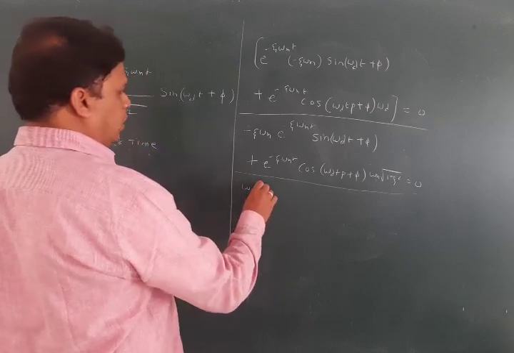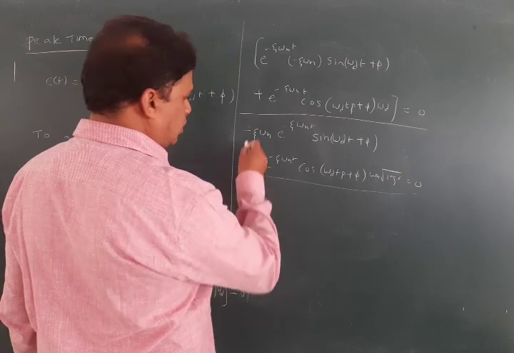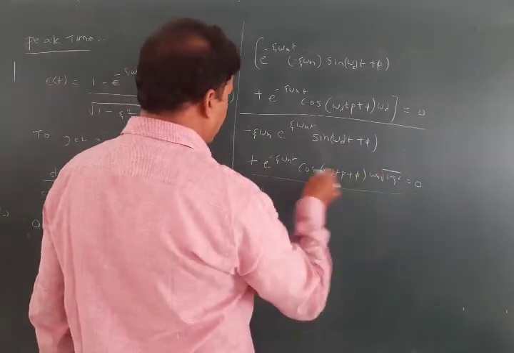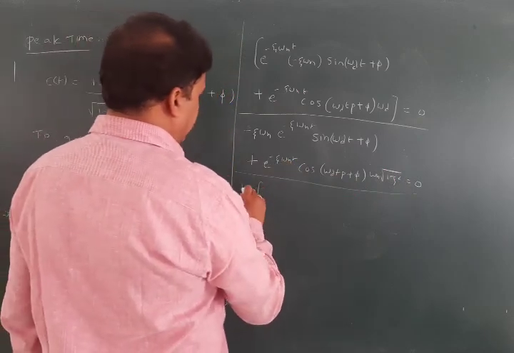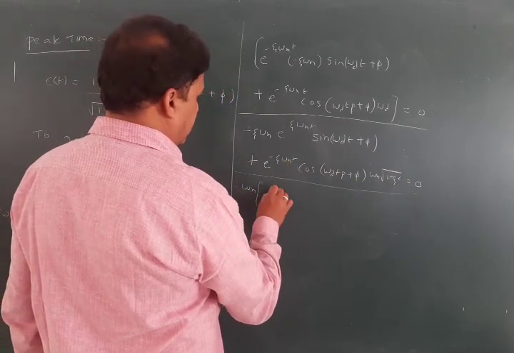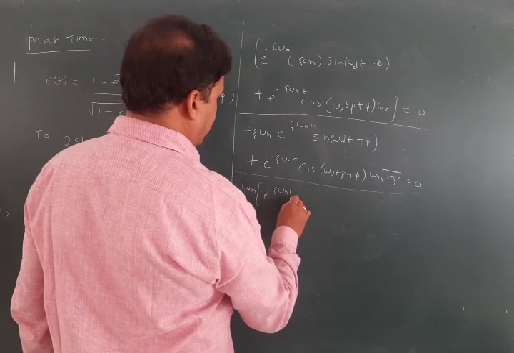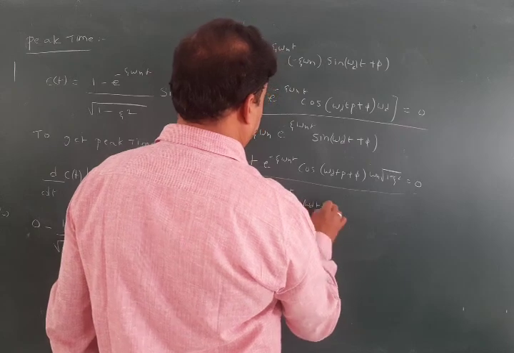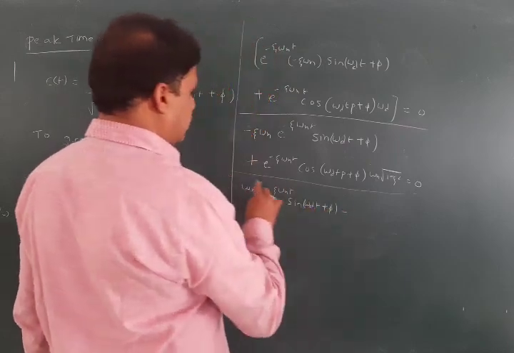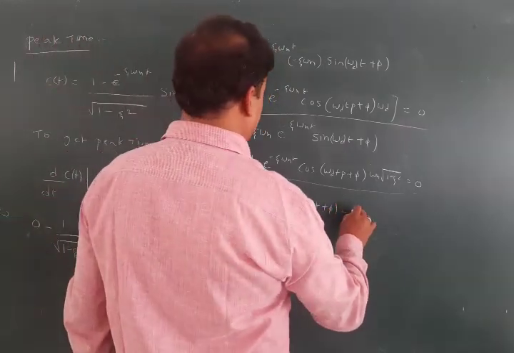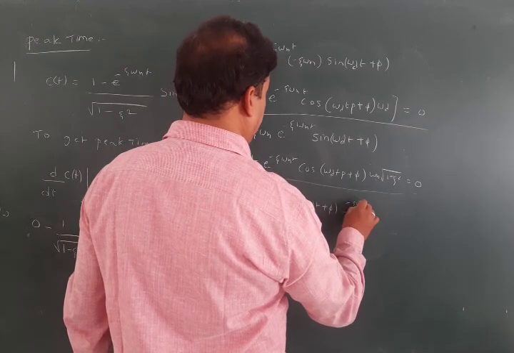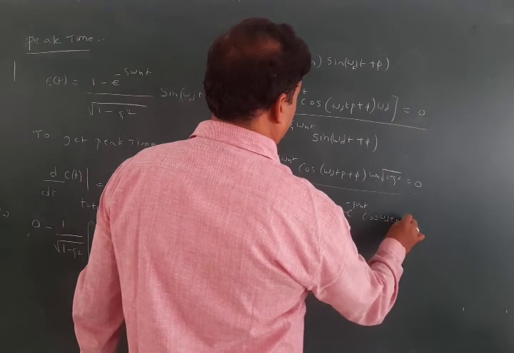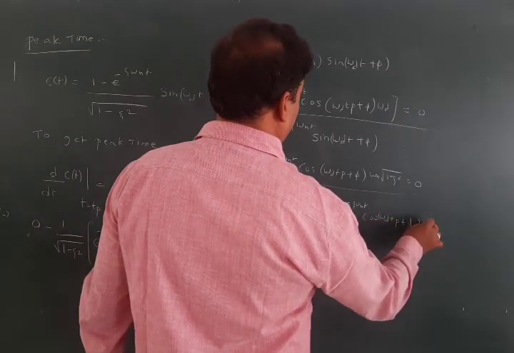Omega_n is common, and the minus you can also send to that side. If you take out minus here, minus omega_n e^(-zeta omega_n t) into sin(omega_d t + phi) minus, because minus of minus is plus here, so e^(-zeta omega_n t) into cos(omega_d Tp + phi) is equal to 0.